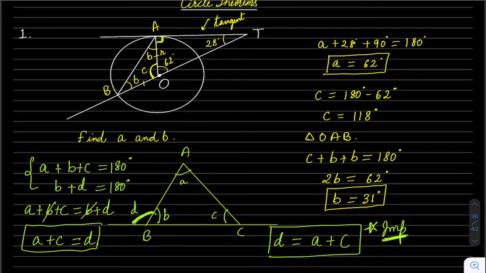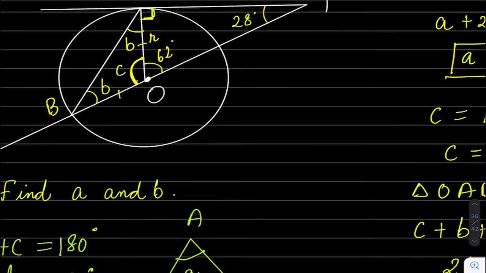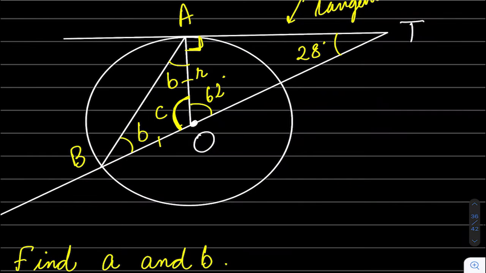So you can remember this. I remember it like this: the external angle of a triangle is equal to the sum of the two internal opposite angles. So we are talking about angle D. So the internal angles are A and C, the opposite angles. So D is equal to A plus C. So you can use this directly in this triangle.